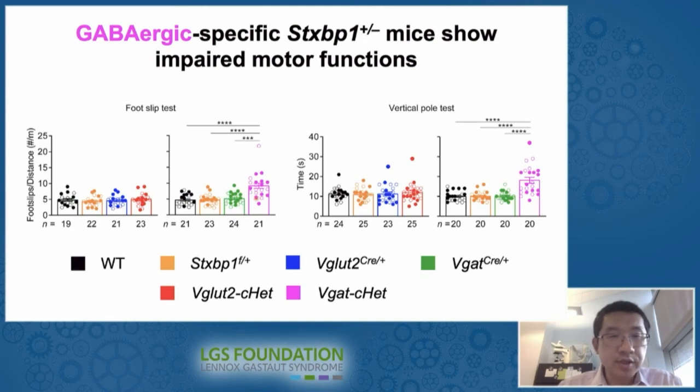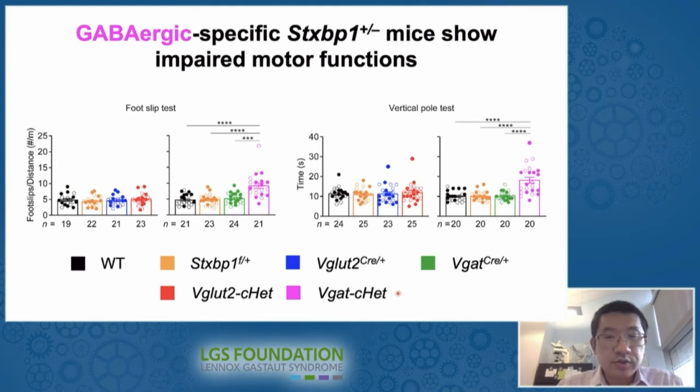So again, here, the open circles are female, the closed circles are male. The color matches the genotype down below here, right? Therefore, the GABAergic specific heterozygote animals recapitulate the motor dysfunction we saw in the constitutive heterozygote mutants.